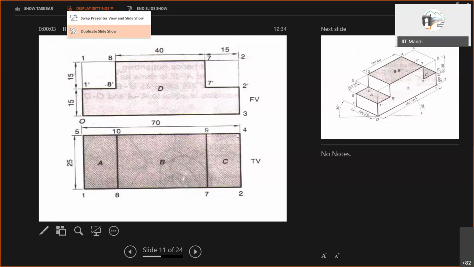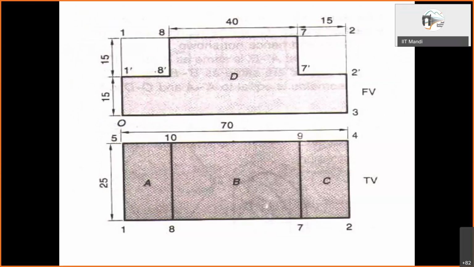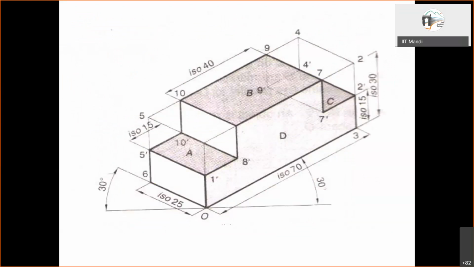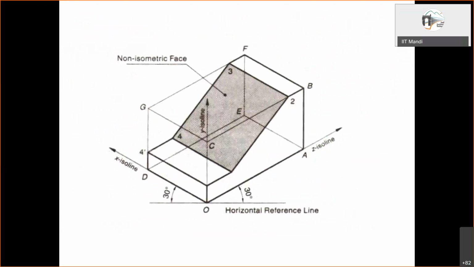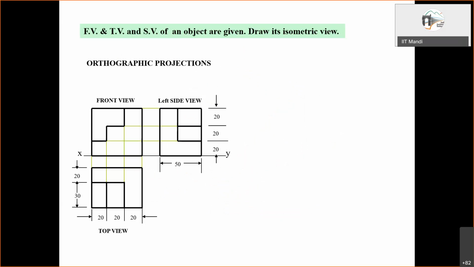Okay, this is what we had discussed, right? So this is drawn over here, and this one also we discussed. So this is also drawn over here. So you can refer to it later on. Now let us consider this one also quickly, and then I'll discuss that circle case.